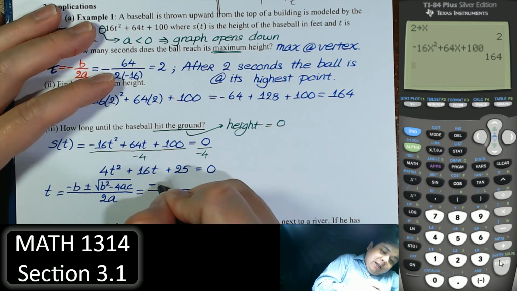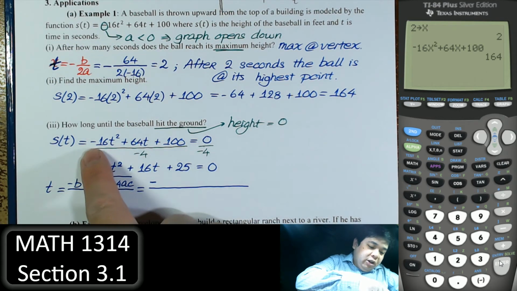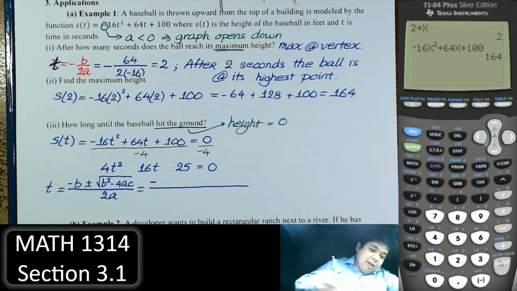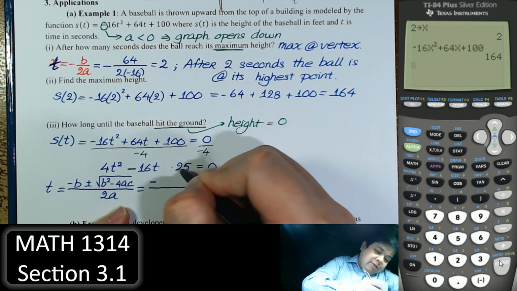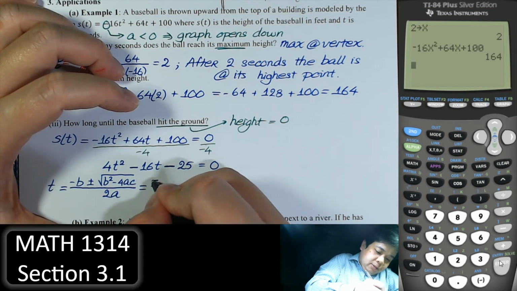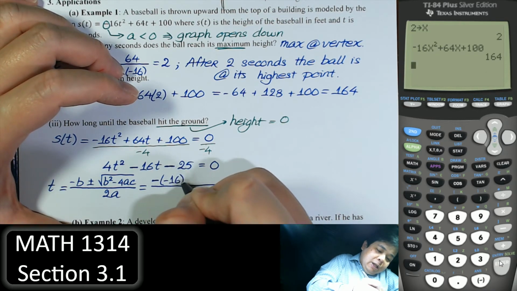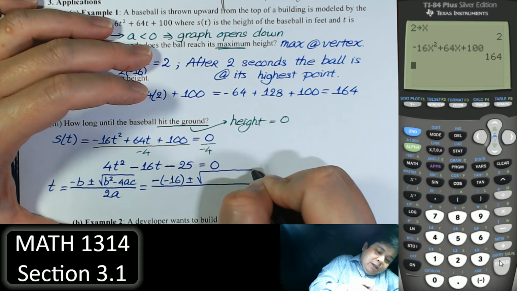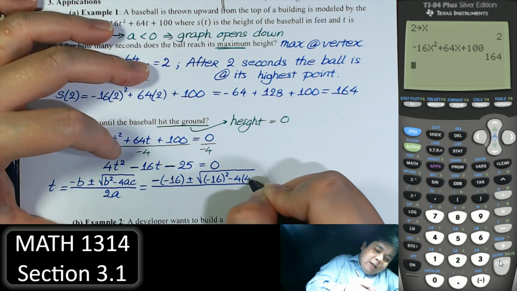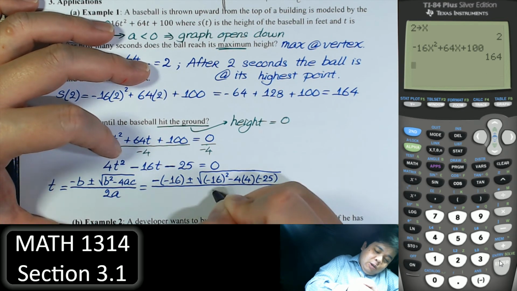Negative b, but when we divide by the negative number, that gives us negative and negative. Right, so negative b plus or minus the square root of b squared minus 4ac, over 2a.